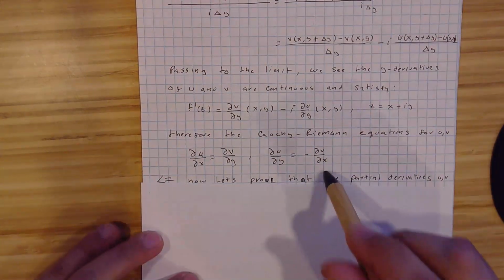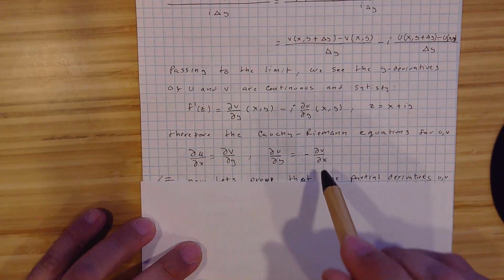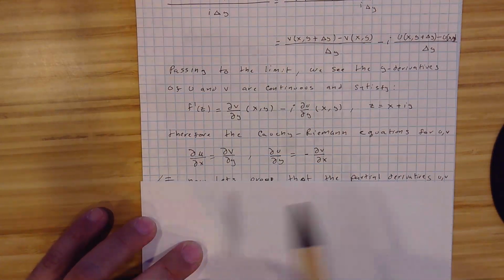So that is basically where it's coming from. These are the Cauchy-Riemann equations.